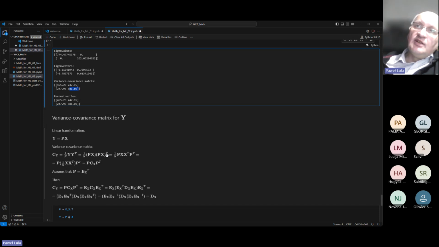I can move this T symbol, T means transposition, to every element and omit these parentheses, but at the same time I must change the order of the elements. Therefore, here I have not PX, but XP with this T symbol of transposition. So we have this form.